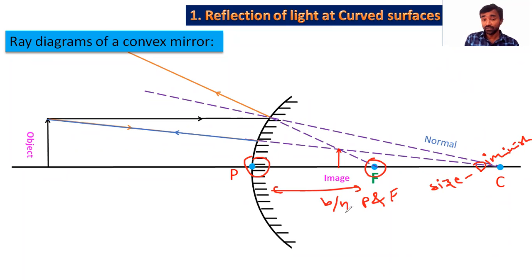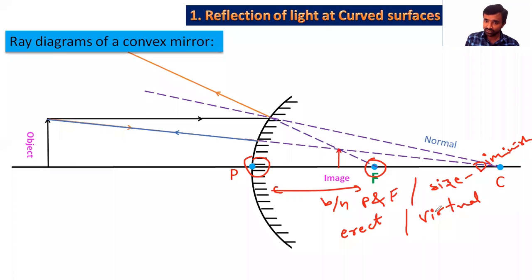Right? Then type of image, erect or inverted? Erect image. Why erect? Because it faces the same way as the object. Then type of image, virtual or real? Virtual image, because it is given by the diverging point.